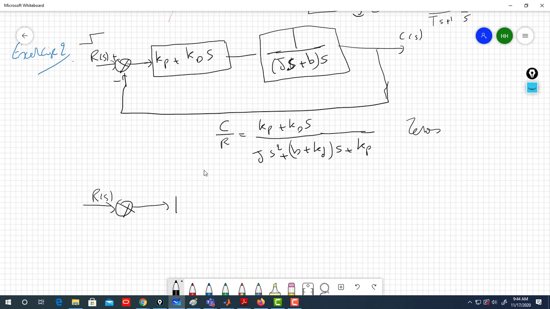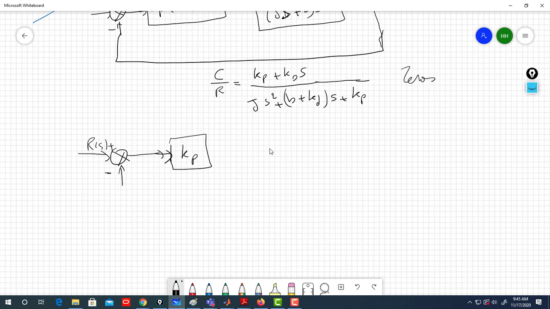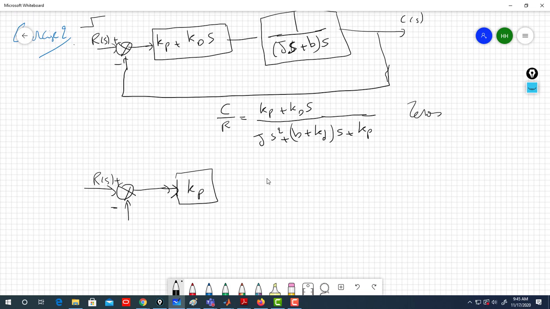proportional plus velocity feedback. So what we did, if you remember, we keep the KP here. We do proportional control for the error and we feed back the output directly to the derivative system. This is my plant, 1 over S(JS plus B).